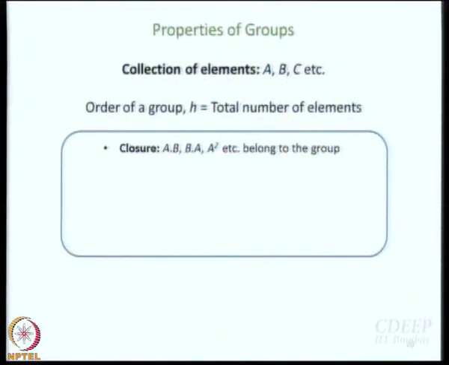That is closure. Okay. If I now think in terms of a symmetry point group, let us say C3v once again, what is the meaning of product? What are the operations? C3 and let us say sigma v. So, like AB, if I write C3 dot sigma v, what does that mean?